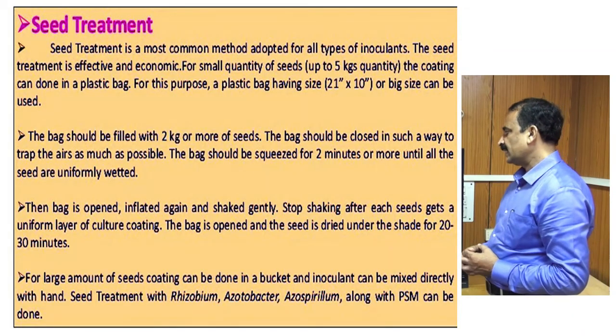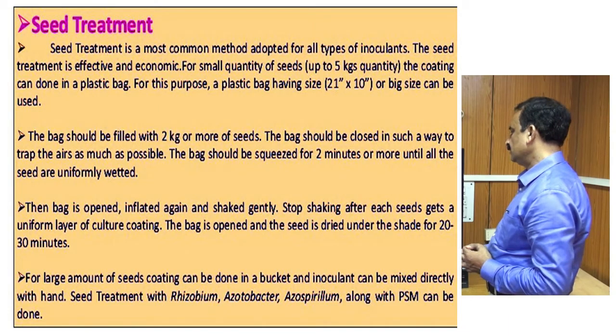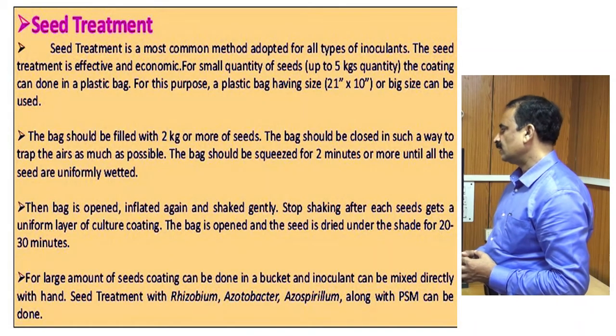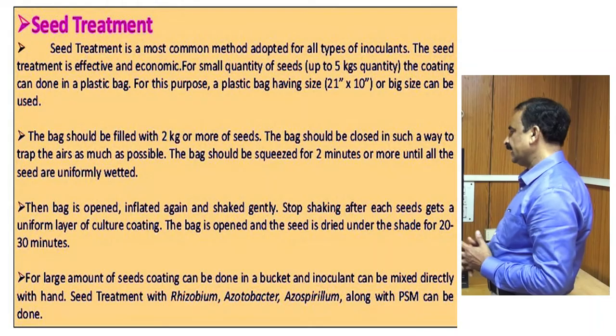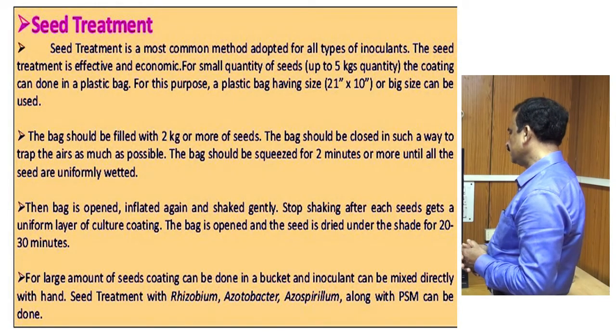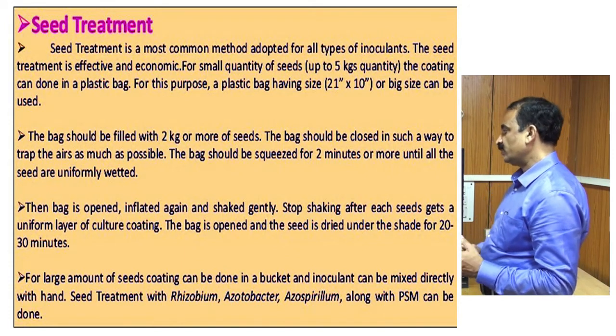For this purpose, a plastic bag of size 21 by 10 inch or bigger can be used. The bag should be filled with 2 kg or more of seed as per the capacity of the bag. The bag should be closed in such a way as to trap as much air as possible.